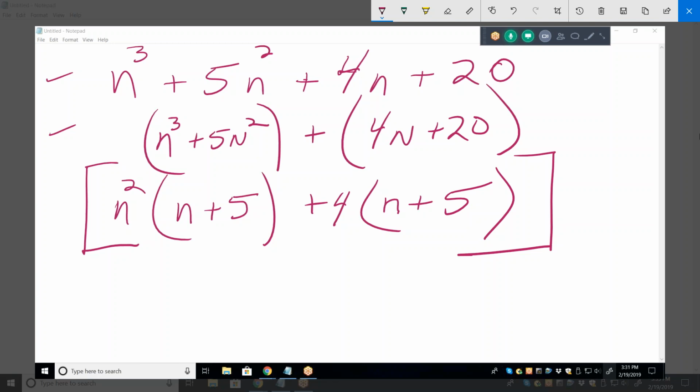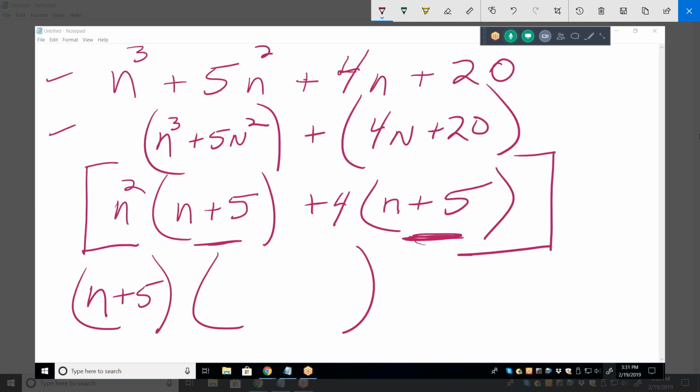In this case, this is the greatest common factor. It's the binomial term. I can factor out an n plus 5. What's left over? n squared plus 4. There you go. Now, that's as far as I can go down, and so that's the answer.